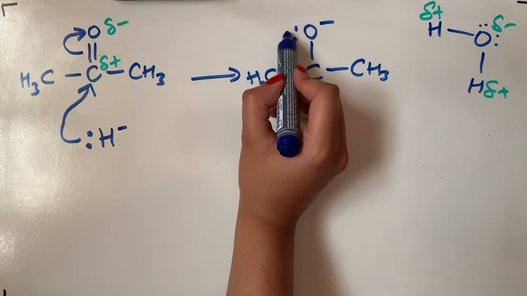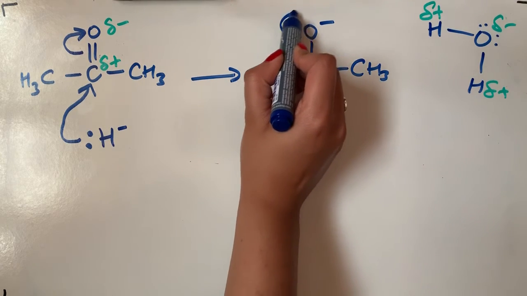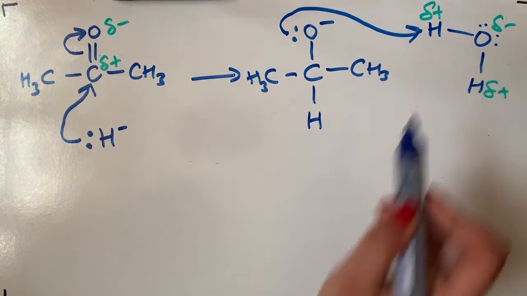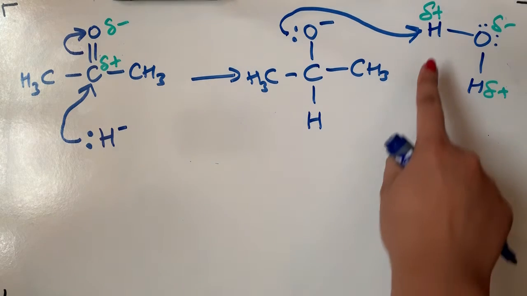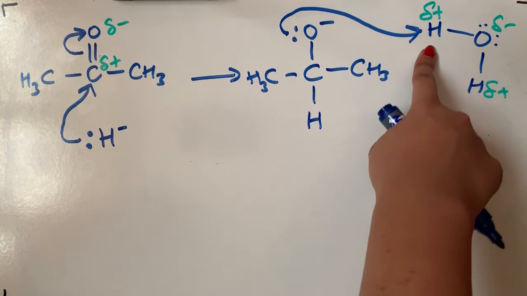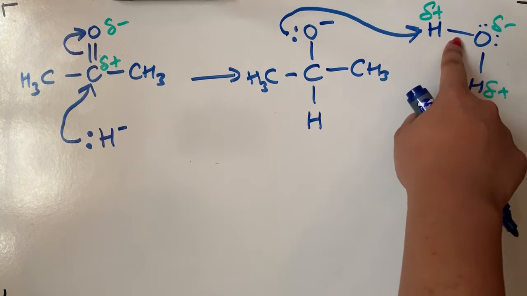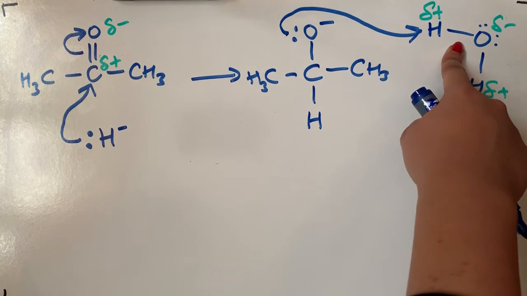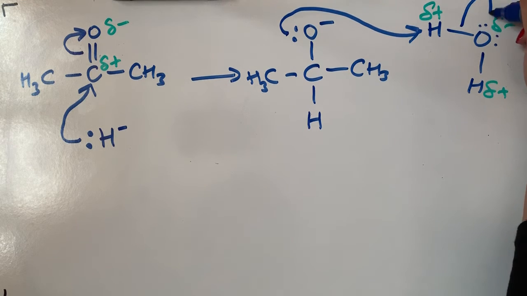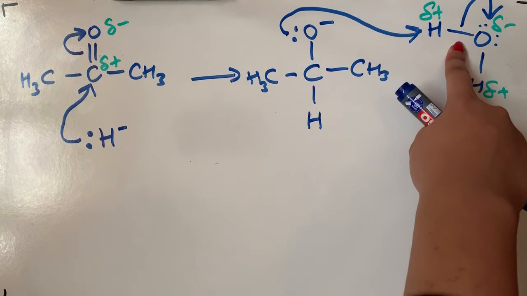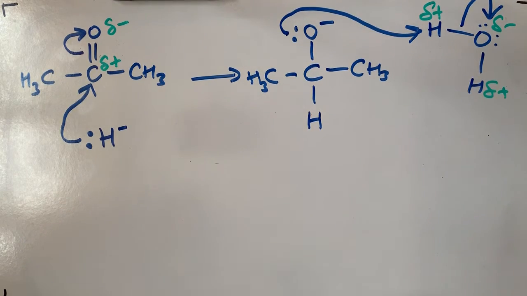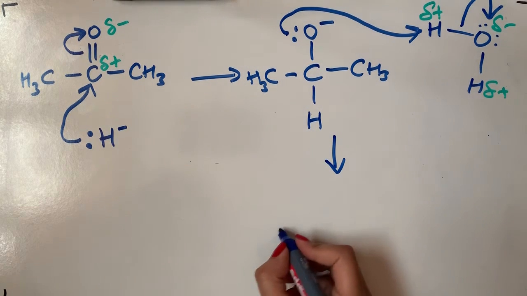So our curly arrow is going to go from our lone pair of electrons to our hydrogen delta positive. That's going to form a bond between the oxygen and the hydrogen, and hydrogen can only have one bond, so we have to break this hydrogen-oxygen bond here, and that is going to occur there. So the oxygen is going to take the electrons in that bond. Let's draw the product of this step.